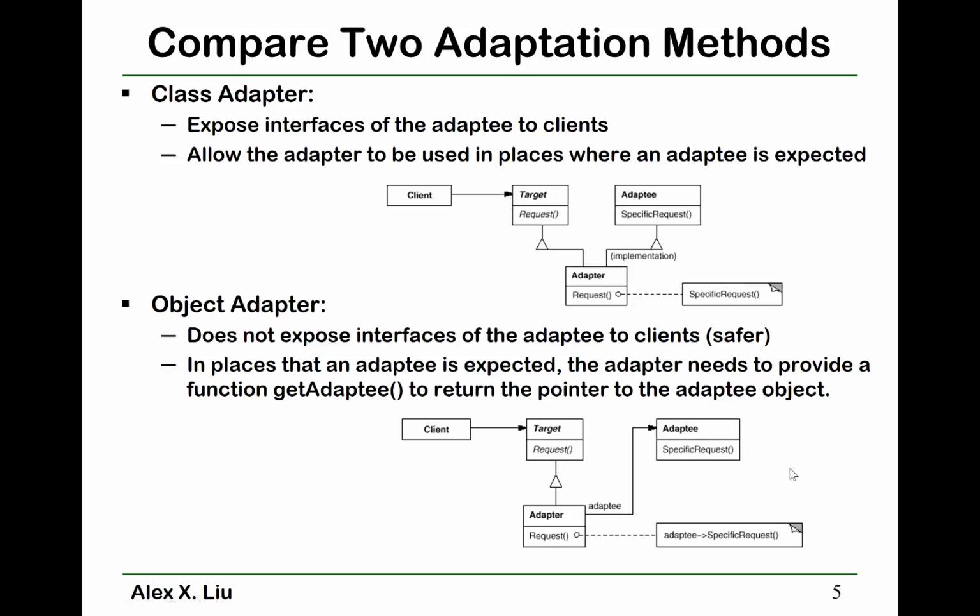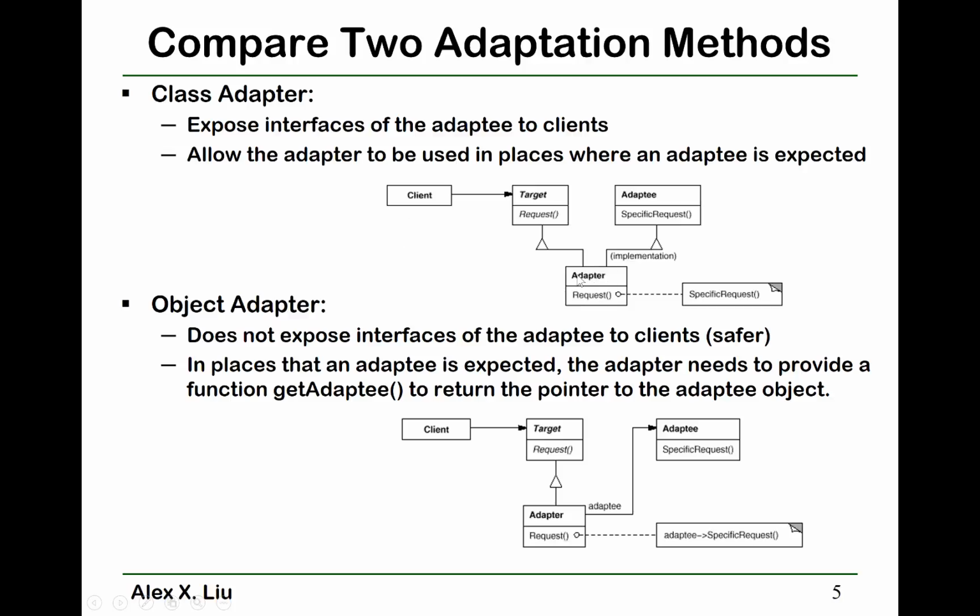Let's take a look at these two adaptation methods and see what the differences are. So for the class adapter, we expose the interfaces of the adaptee to the clients. Basically, the adapter can be treated as an adaptee. The adapter class inherits these interfaces of the adaptee.